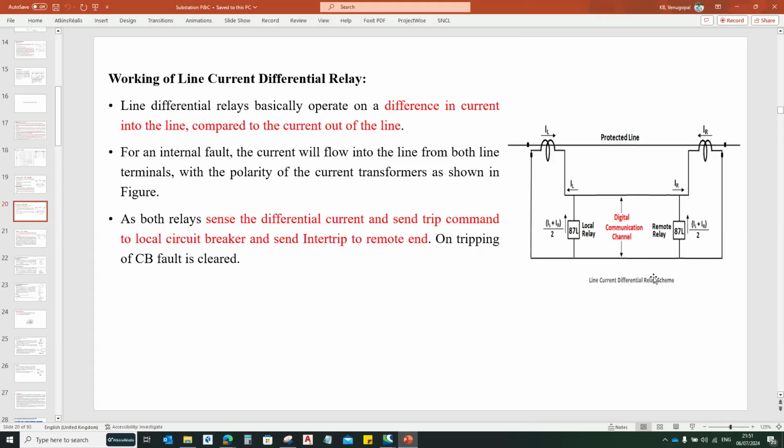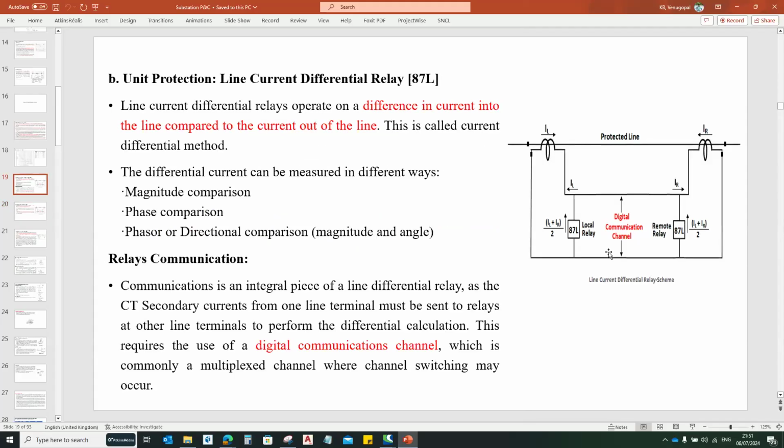Sir, if the remote end interrupts, and also the local relay or circuit breaker is open. So how it will operate: suppose the fault is somewhere in the protected line. This protection will operate and give the trip command.